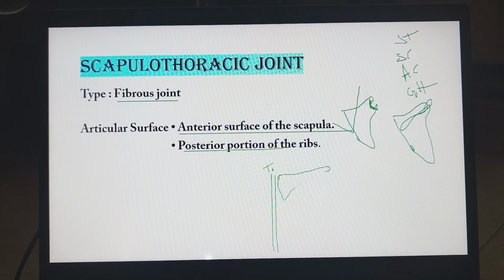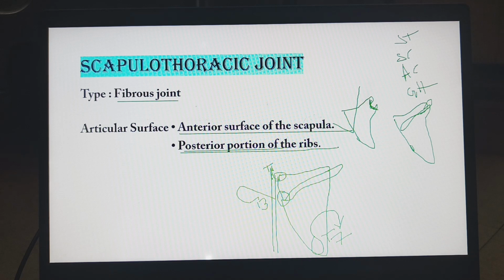This is the spinous process of the scapula, and this is the inferior angle of the scapula. So T1, then here T3, here it is T7. The superior angle of the scapula will be at T1, the spinous process at T3, and the inferior angle at T7.